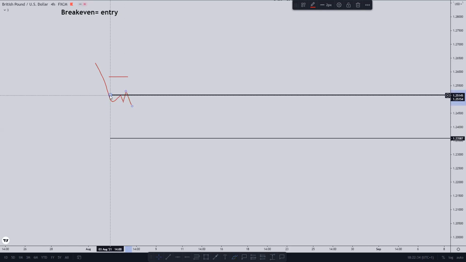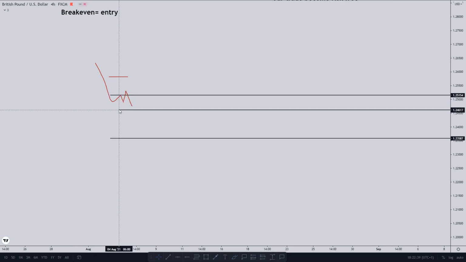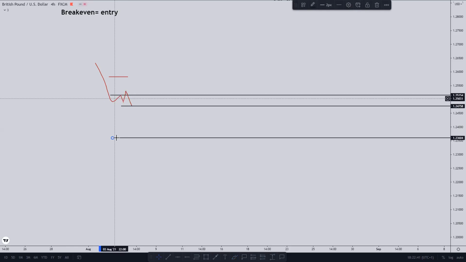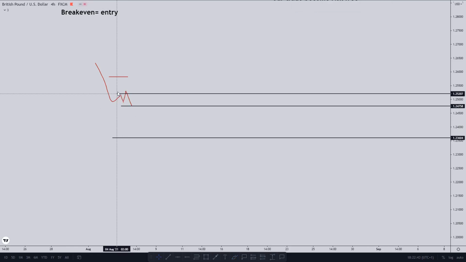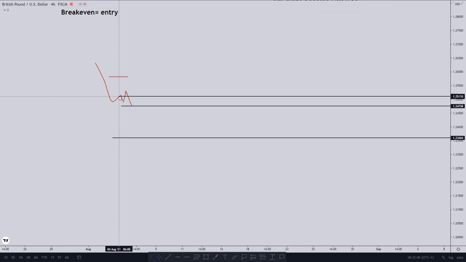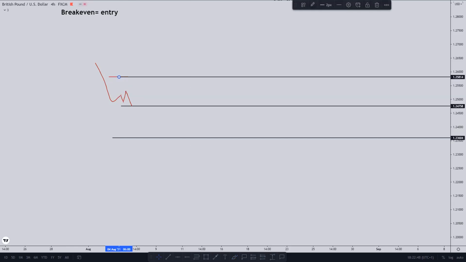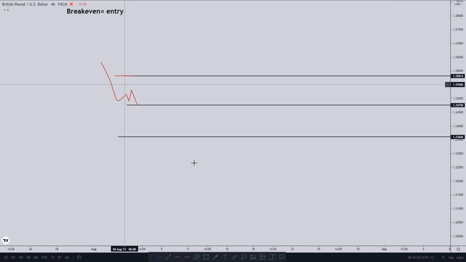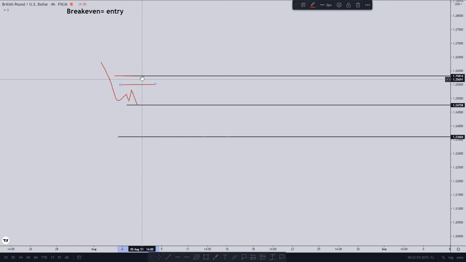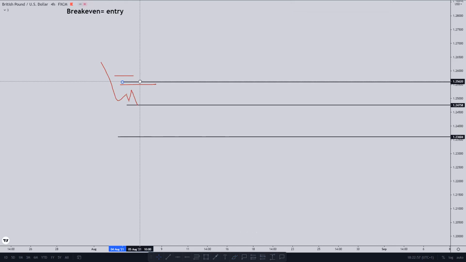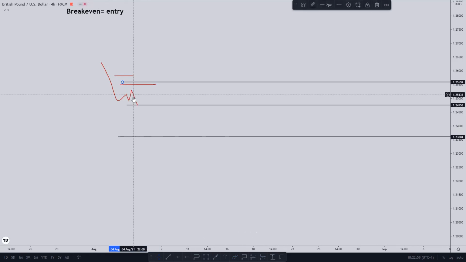Now that you moved your stop loss too soon, you're still confident that that's a sell, and now you enter here, and you don't even know where to put your stop loss now because structure is around these areas. So that's where you need to put your stop loss, which is above structure, right?